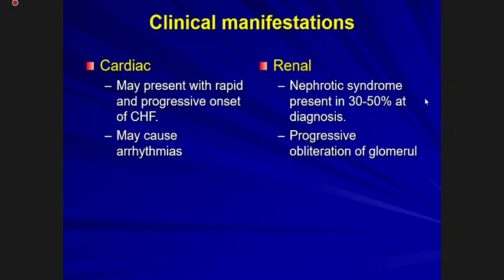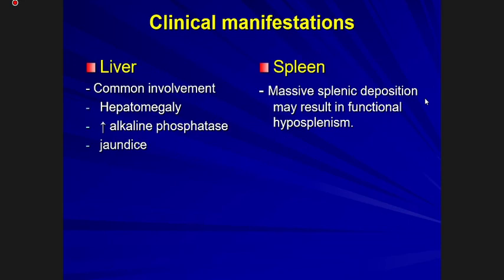There is a certain level of urine protein you need to have in order to say this patient has nephrotic syndrome. So in amyloidosis, a patient can come with nephrotic syndrome because of the obliteration of the glomerulus and the filtration system, which becomes permeable to protein, and you lose protein in the urine.